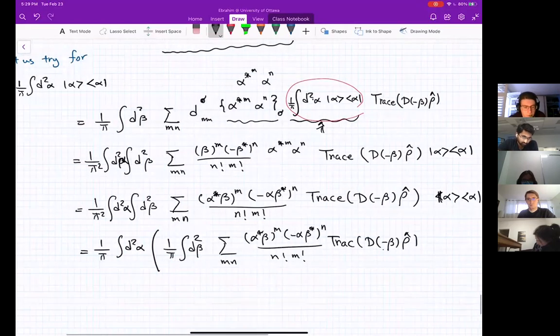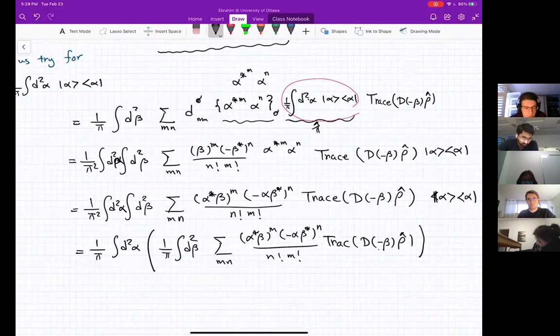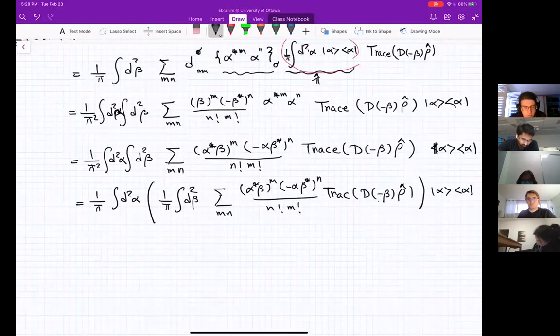Okay, then parenthesis closed, then I have alpha alpha. All right, I think you're happy with this. The summation is over m and n, and this is the summation that we do have. What is this term?